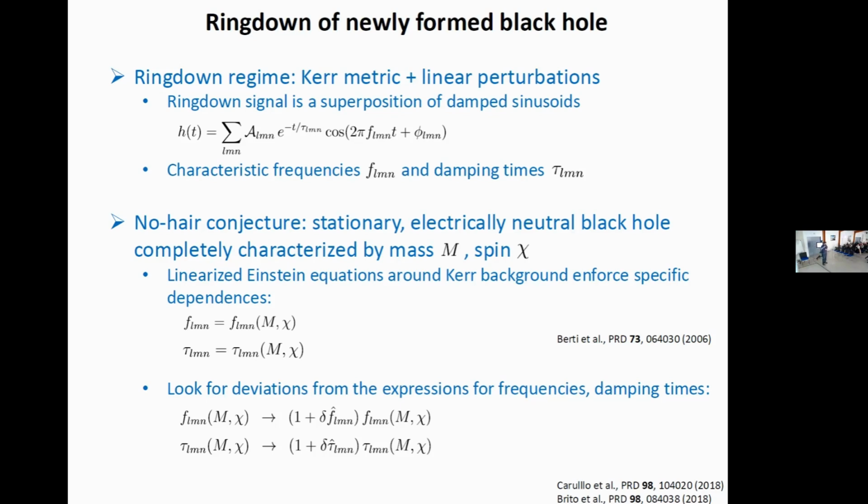But if you have perturbations around a black hole, such as in the ring-down phase, then these characteristic frequencies and damping times, in linearized general relativity, but now linearized around the Kerr metric, become specific functions of the mass of the final object and the dimensionless spin of the final object. And once again, you can do tests. You can allow for relative deviations in these dependencies on the final mass and the final spin.